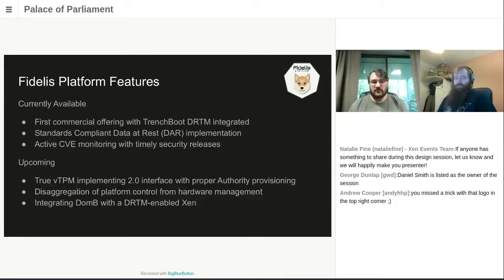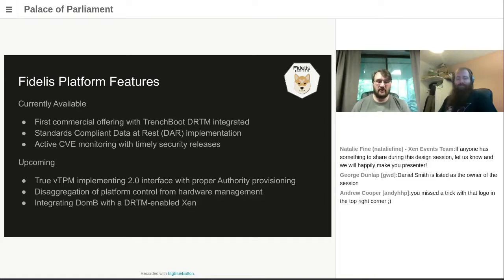So the features. What do we have today? We have TrenchBoot integrated. As part of the TrenchBoot integration, and leveraging the existing data at rest encryption that OpenXT has today, we expanded it to be more compliant with different standards.